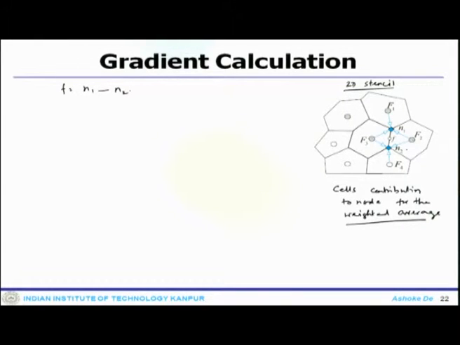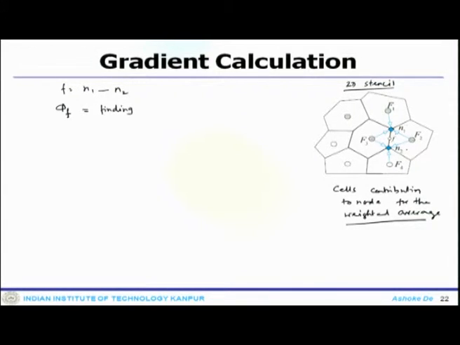Now what we need to calculate is the value of phi F. What we are interested in is finding the value of phi at the face F, which can be computed as the mean of the values at the vertices N1 and N2. So this essentially necessitates the estimation of the properties at the vertices. So far we have been dealing with a system where we were concerned about values available at the cell center.